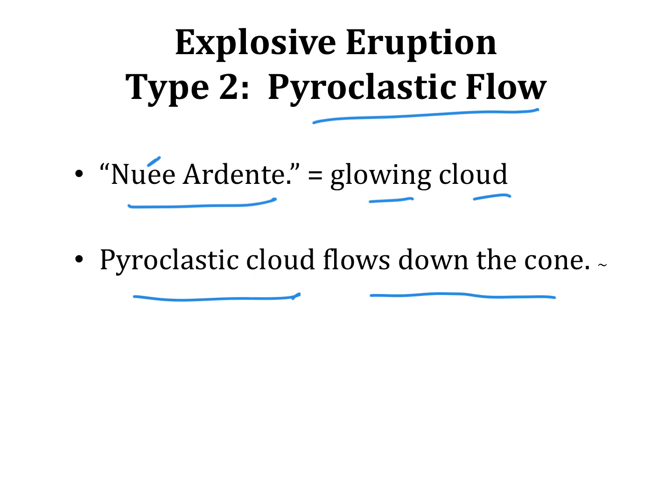This happens because the energy from the explosion and the hot gases is countered by the amount of material that's in the cloud. So if there's too much material compared to the proportion of gases, then instead of moving straight up, the cloud kind of comes out of the cone and then flows down the side.